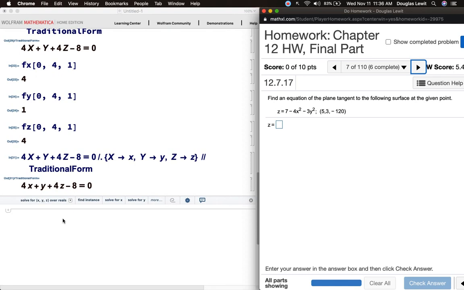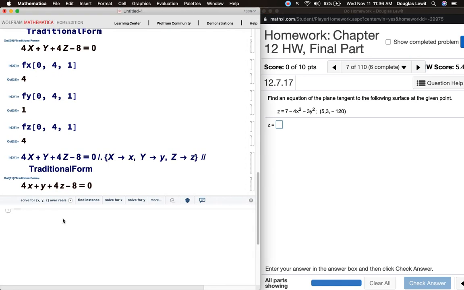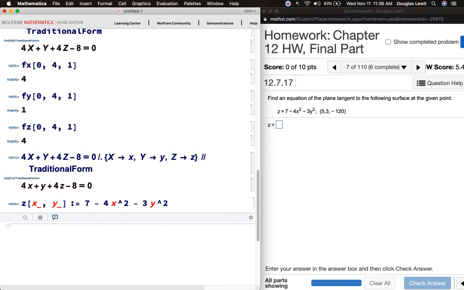Okay, so here I have a function. Hold on one second. Okay, so here we have a function z of x, y, and that's going to be 7 minus 4x squared minus 3y squared. Looks good. Okay. Excuse me. Okay, so let me just move my laptop a little bit. Let's see what we have.